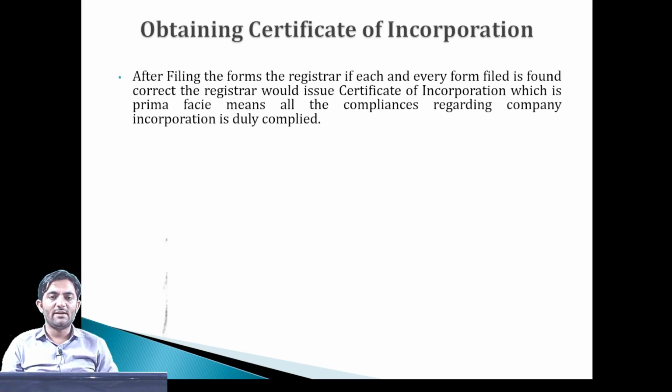It is conclusive evidence that all the compliance related to company formation is done, and your company will be formed. The ROC will issue a certificate of incorporation along with a PAN number and a TAN number. Meanwhile, you will get your ESI PF registration, and you can now run your company.